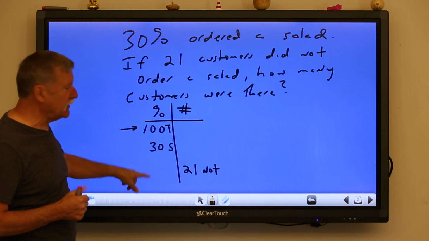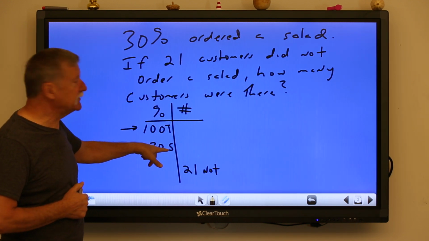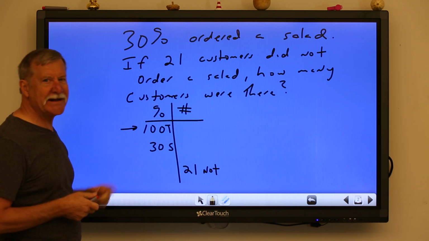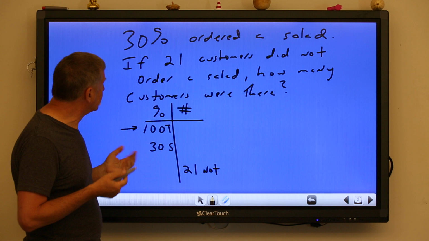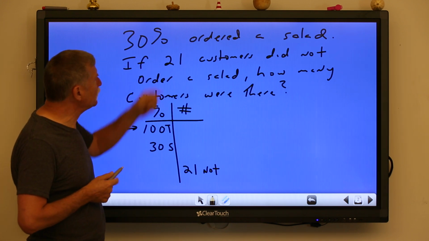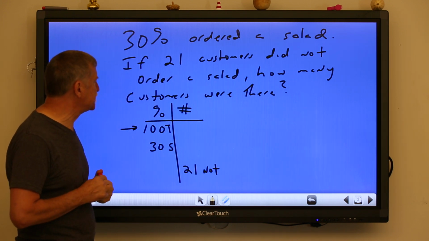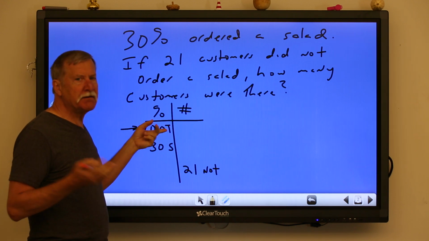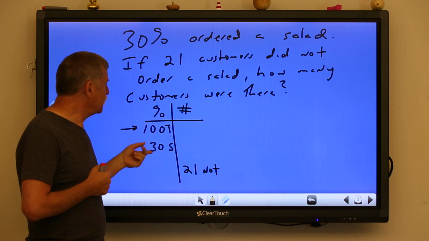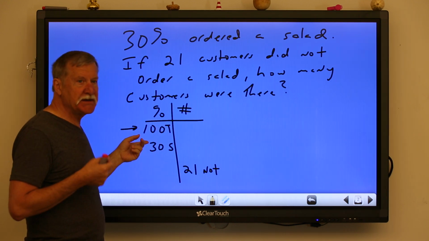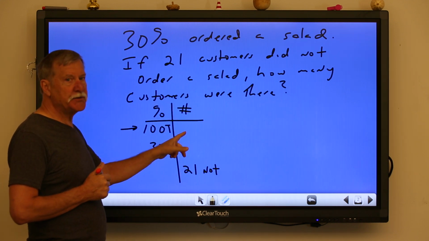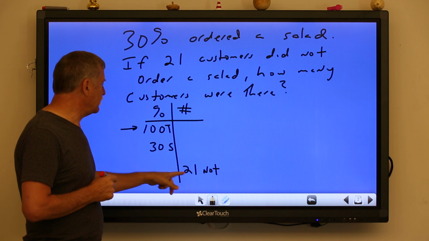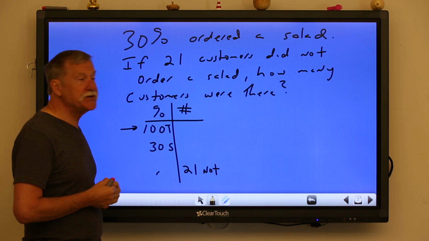So under the percent column, we can write 30. To keep track of things, I put an S that says this 30% ordered salad, all right? And it says 21 customers did not order a salad. Well, 21 does not represent all the customers, and 21 did not, but the 30% did. So I put the 21 customers, the number, not a percent, over here where we don't have a percentage yet.